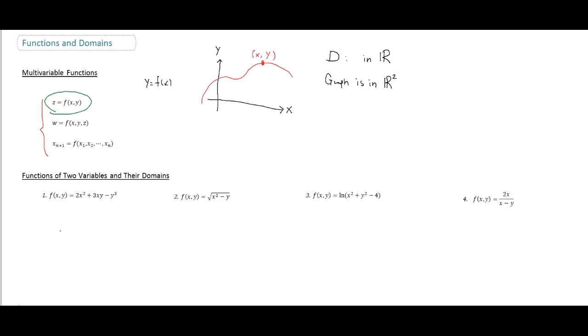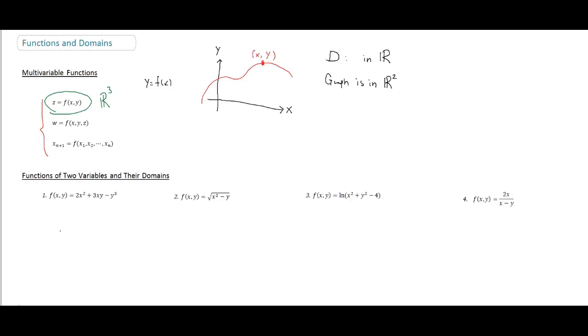If we graph the function, each point on the graph is given by the input x comma y and the corresponding output value, say we use the variable z. So each point is going to be given by an ordered triple, which sits inside a three-dimensional space that we use the notation R3 for.